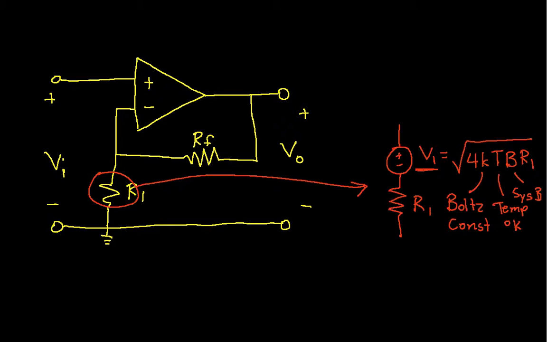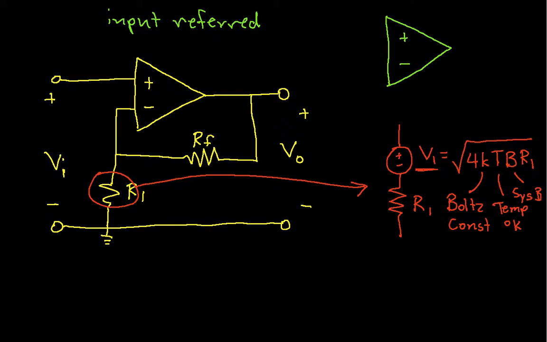Now we can also have equivalent representations of op-amps and their noise. Most of the time we'll use what's called an input referred noise model.